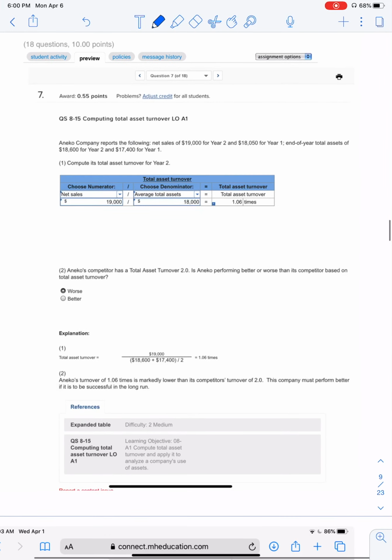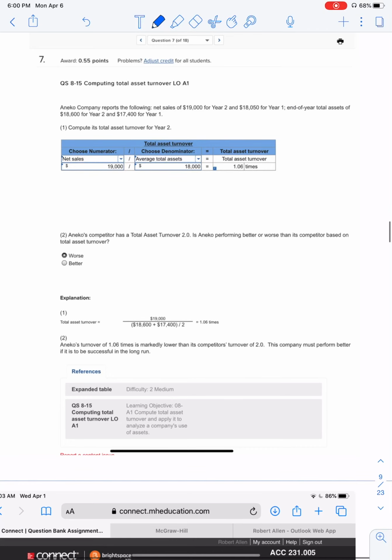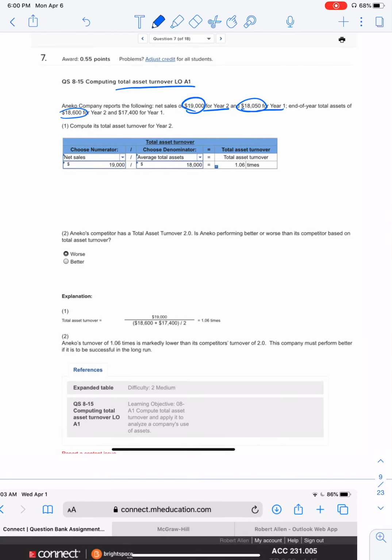So now for the next question, we're going to look at a ratio. And here we're going to look at how we compute total asset turnover. It tells us an Eco company reports the following: net sales of $19,000 for year 2, $18,050 for year 1, and end of year total assets of $18,600 for year 2, $17,400 for year 1, and they want us to compute total asset turnover as of year 2.